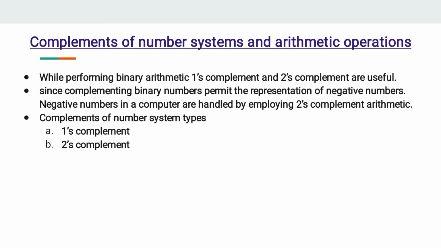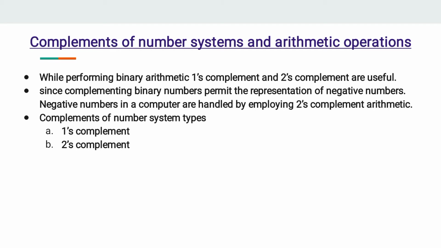Why do we need the complement of the number system? Because it helps perform arithmetic operations. When there is a negative number in the arithmetic operations, we need to convert that to two's complement when we go for binary arithmetic.